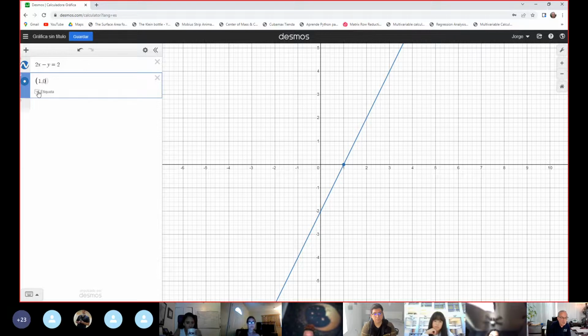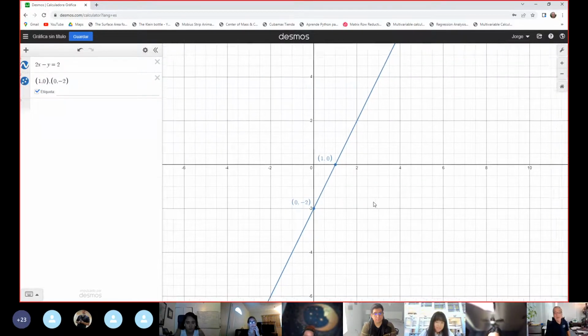I put a label for identification, separated by commas, any point, if you want in the same line, because it's in the same graph. And the second point was 0,negative. Do you see? Beautiful. Do you like that? Yes.